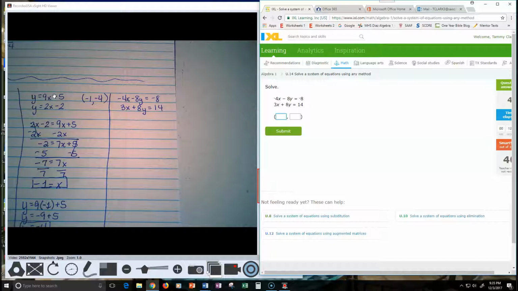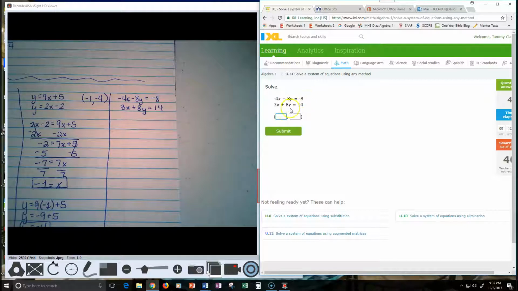And I don't want to burden myself by changing this so I get one of the variables alone, although I could. Like this one, it's perfect for being divided by 4 and then getting x alone, but I don't want to do that. So I'm going to use elimination.